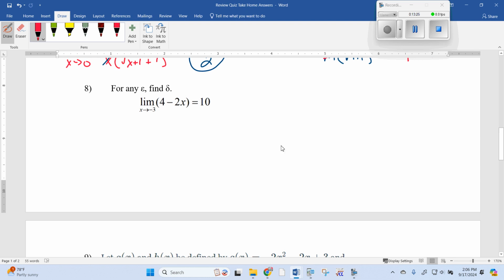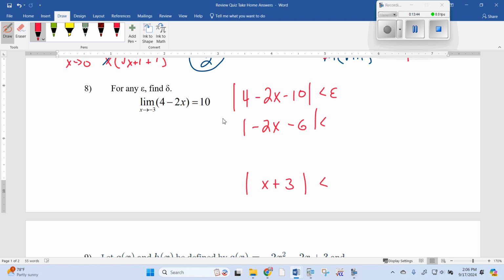For any epsilon, find delta. So we start with |f(x) - L| is less than epsilon. So this is 2x minus 6. Now, remember, what are we trying to get to? We're trying to get down here to x plus 3. We know we're trying to get that because we have a -3 here.